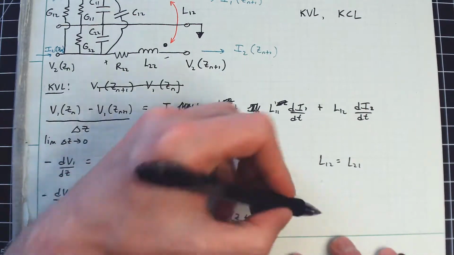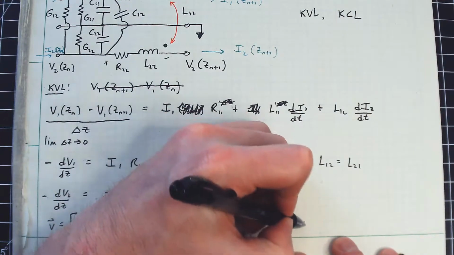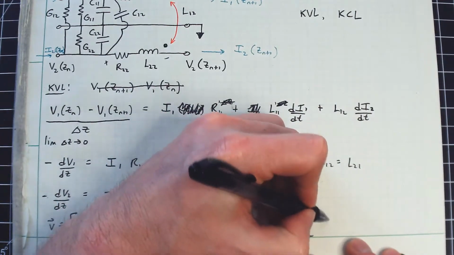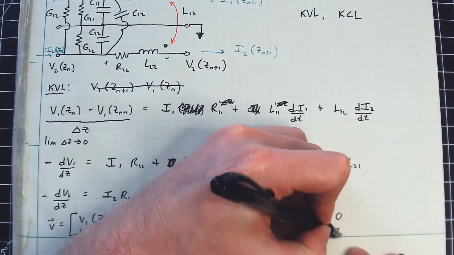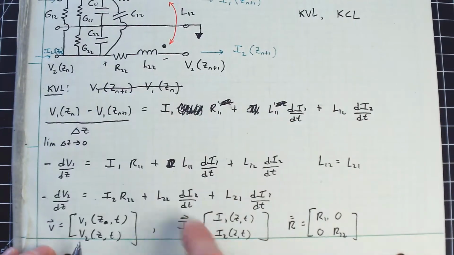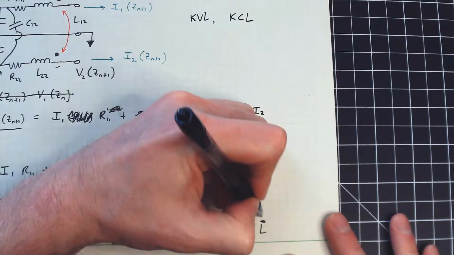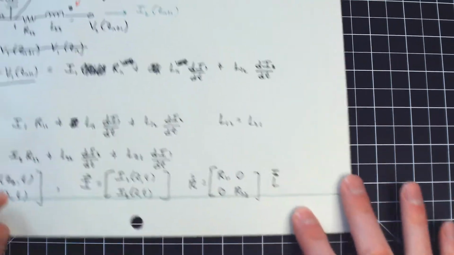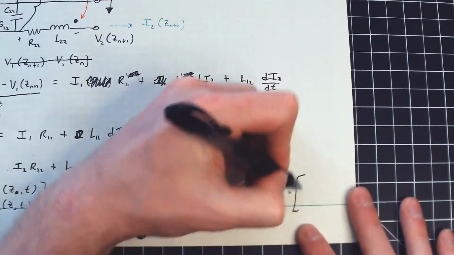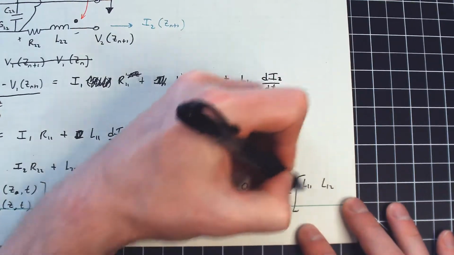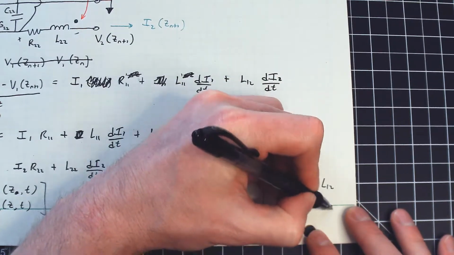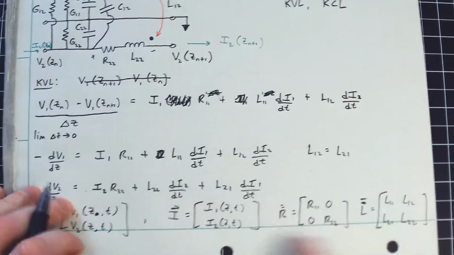And then I'm going to define my resistance matrix, which is going to be R11, 0, 0, R22. And then we're going to need an inductance matrix, finally, so the L matrix. We'll write that here. It's going to look like this: L11, L12, L21, L22, like that. So I'm going to plug in all these substitutions.